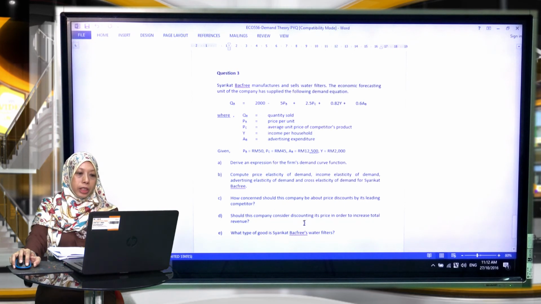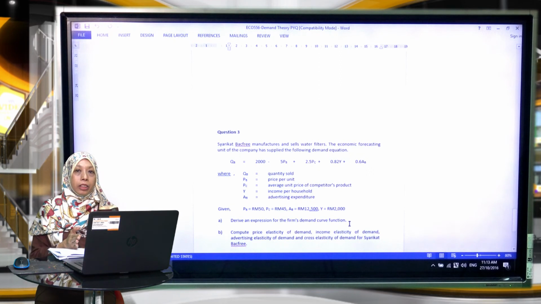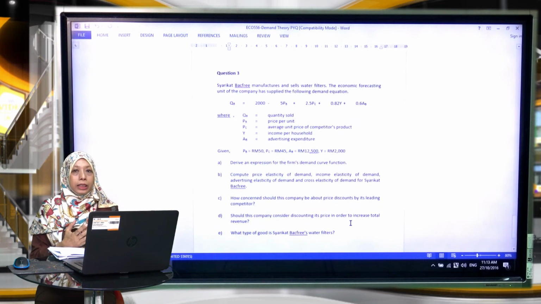advertising or promotion. So basically what we have done today is we have looked at elasticity of demand, which allows us to understand how sensitive demand is when factors influencing it change.